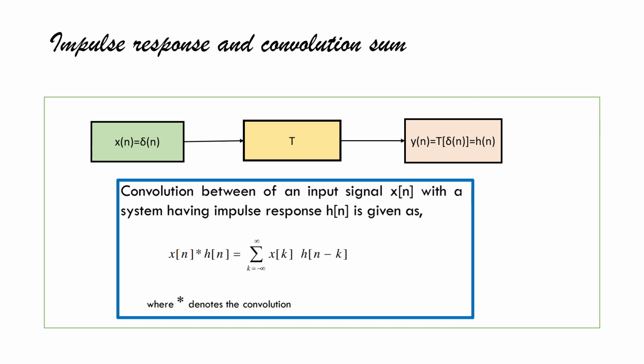Convolution between any input signal x[n] and a system having impulse response h[n] is given as x[n] convolved with h[n] equals the summation over k from minus infinity to infinity of x[k] h[n minus k], where this star denotes the convolution.